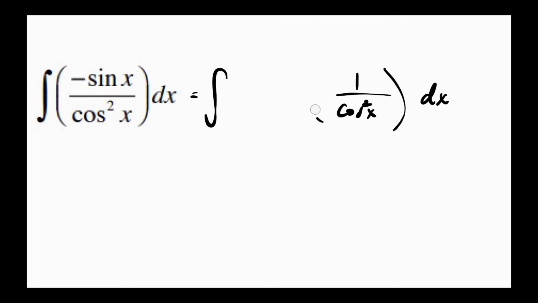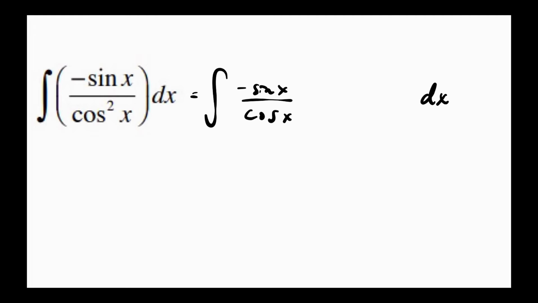That's what you're going to have to do, yeah. So you're going to break it up like you guys did here, except a little differently. Just like Sebastian said, we're going to put negative sine x over cosine, only one of them. And then what's left? 1 over cosine x, right?